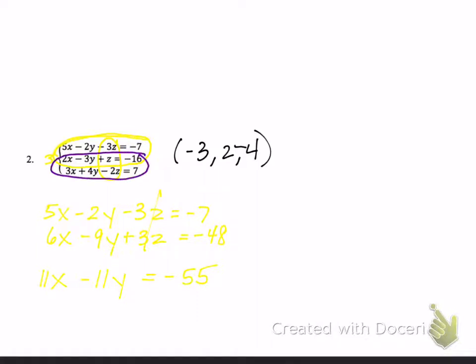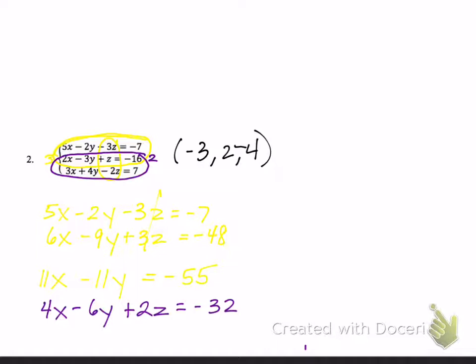Now I need to multiply the middle equation by 2 in order to get the z's to cancel. So when I multiply the top one by 2, it becomes 4x minus 6y plus 2z equals negative 32.